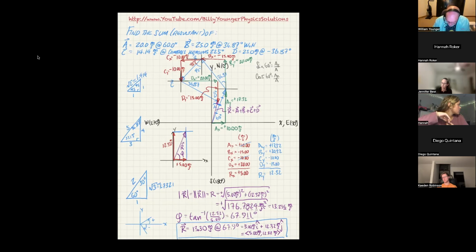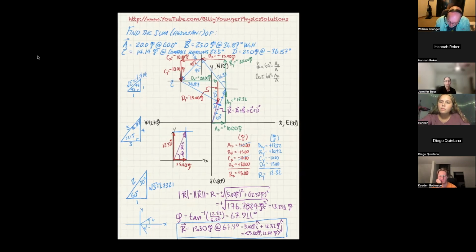So that's what I did with vector A. I saw that I had a positive X component, a positive Y component. And if I just took the time to take the sine of 60 degrees, I'd know that would be AY over 20 meters per second. So if I multiplied 20 meters per second times the sine of 60, that should give me 17.32 meters per second.